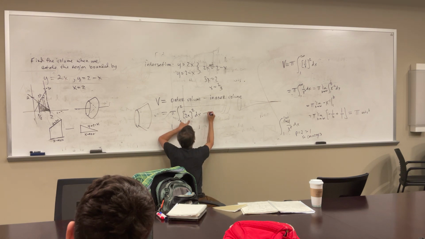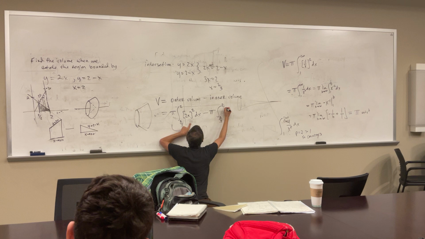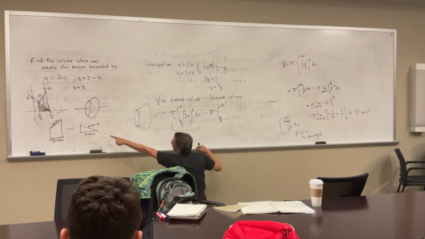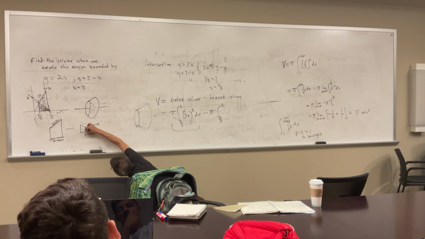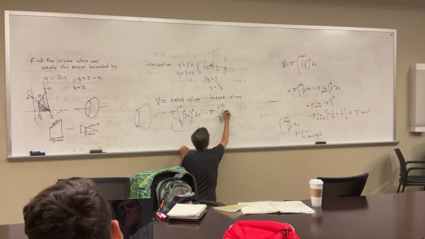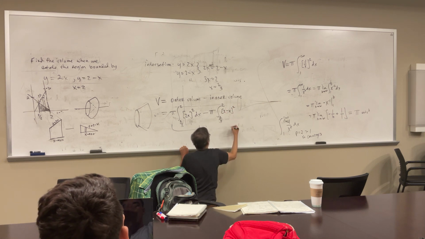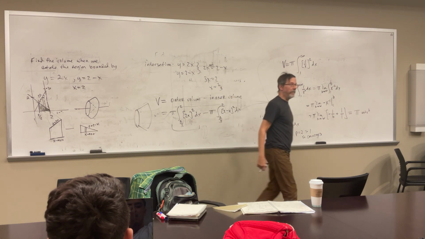And then I'm going to subtract off the integral from 2/3 to 2 of that inner cone, this little cone right here. How high are the elements in that? They are 2 minus x units high. So here I have (2 minus x) quantity squared dx. That's it.